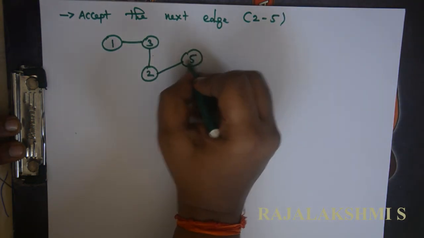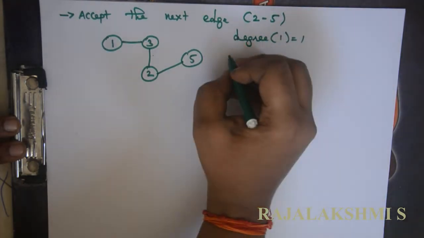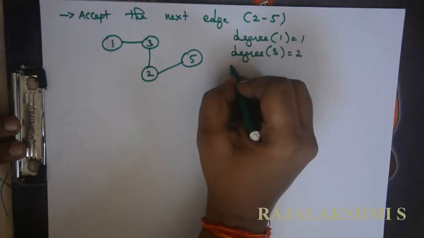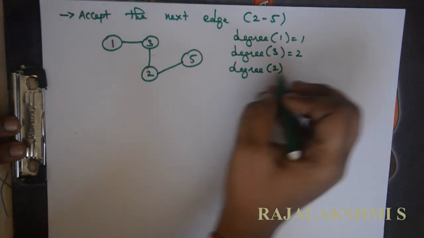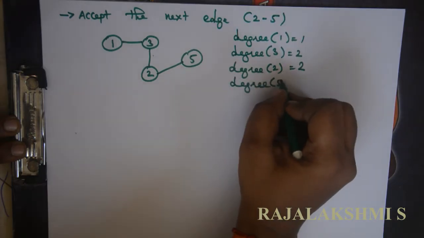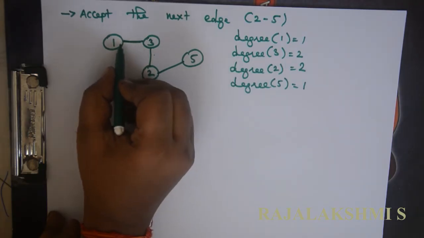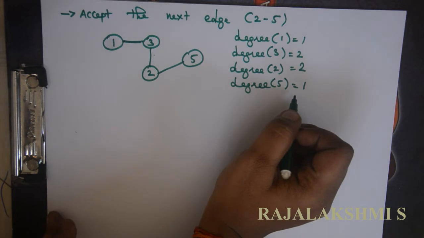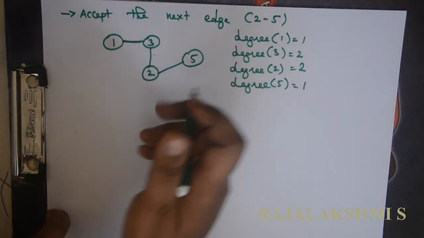Upon accepting it, the degree of 1 is 1, the degree of 3 is 2, the degree of 2 is 2, and the degree of 5 is 1. Degree is the number of edges incident on a particular vertex. So no vertex has degree equal to 3 and no cycle of length less than n is obtained, so we can accept the edge 2 to 5.